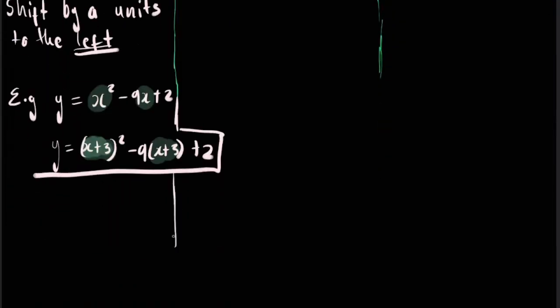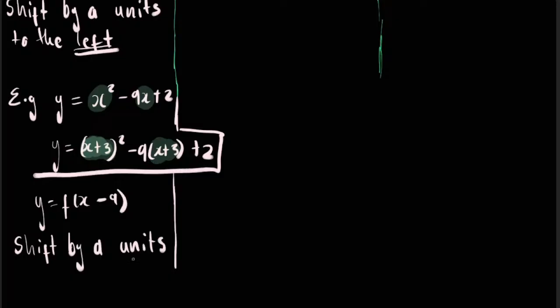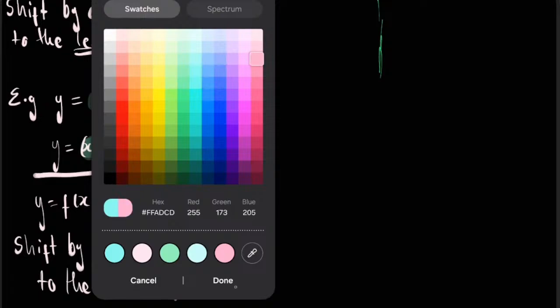If we now have y equal to f of x minus a, this becomes shift by a units to the right. So the first thing, it's a shift, yes. And you don't just say a shift, by the way. That's not even correct.